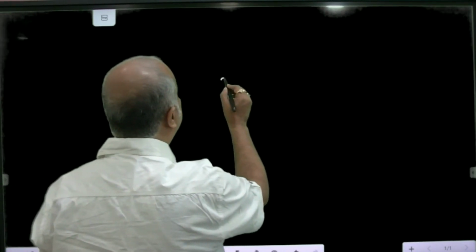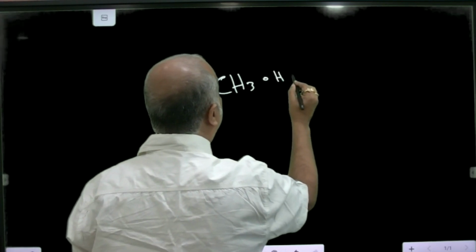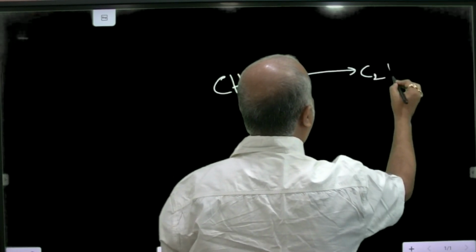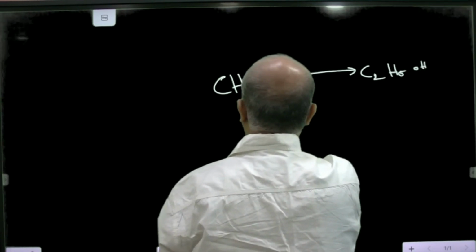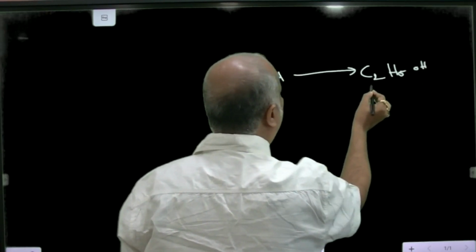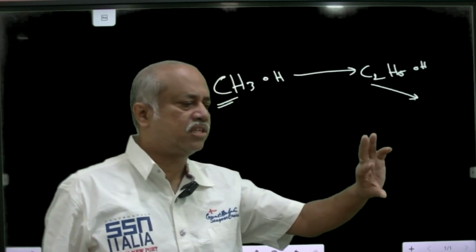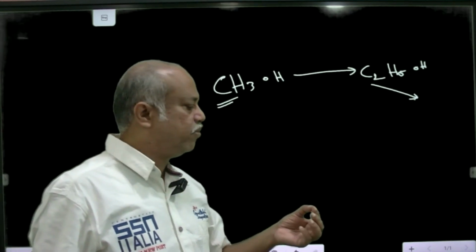First, I will start with methanol to ethanol. That means lower alcohol to higher alcohol, meaning carbon number increases.